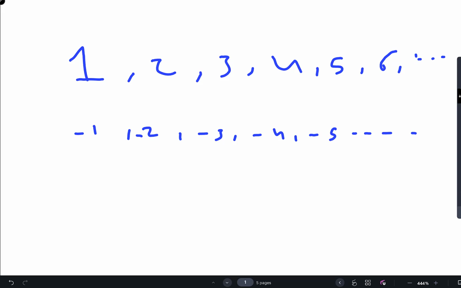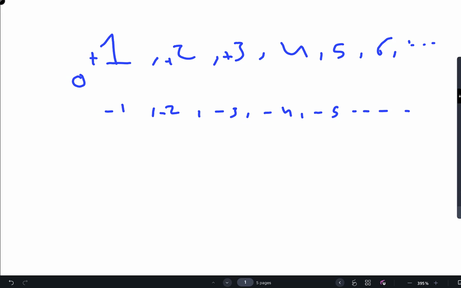This is integers. And we have something between positive and negative numbers, it is 0. 0 is non-positive and non-negative, okay? It is not positive and it is not negative. We have positive here and negative here, so 0 is located between them.